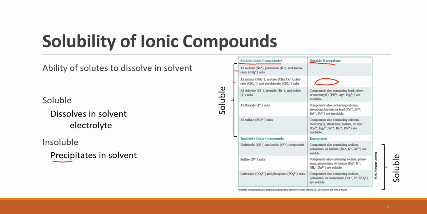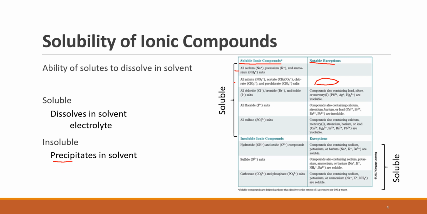This is saying that all compounds containing these anions, and I'm calling them anions because they're negatively charged, so nitrate, acetate, chlorate, or perchlorate in any ionic compound, no matter what it's attached to, will be soluble. It will dissolve in the solvent that it's in.